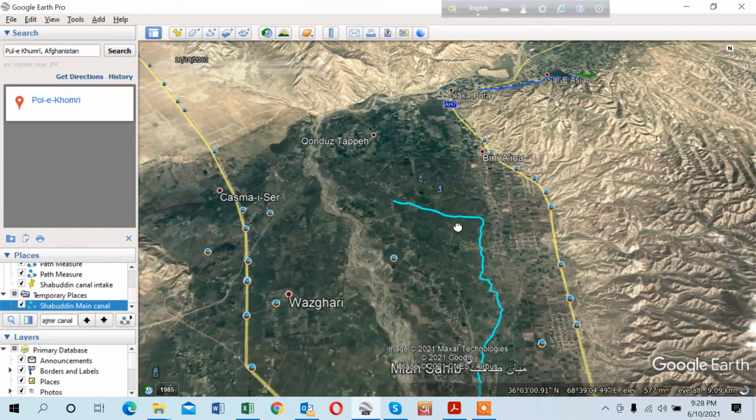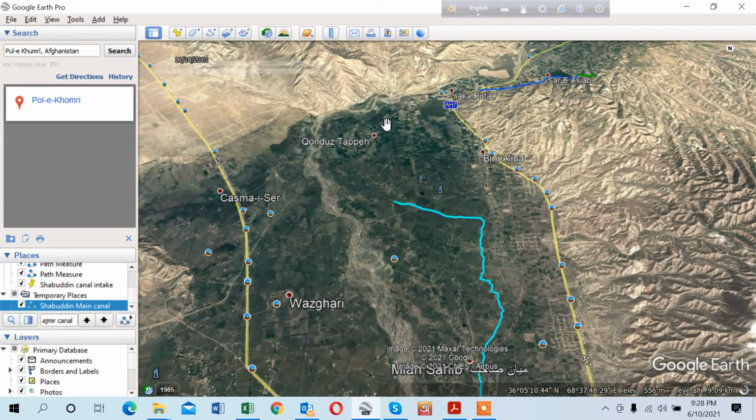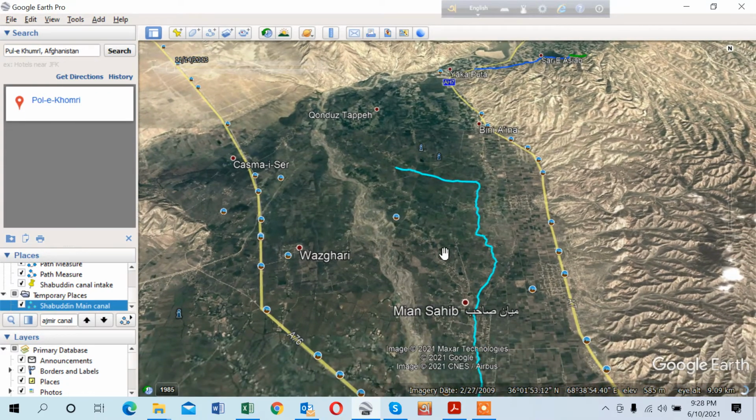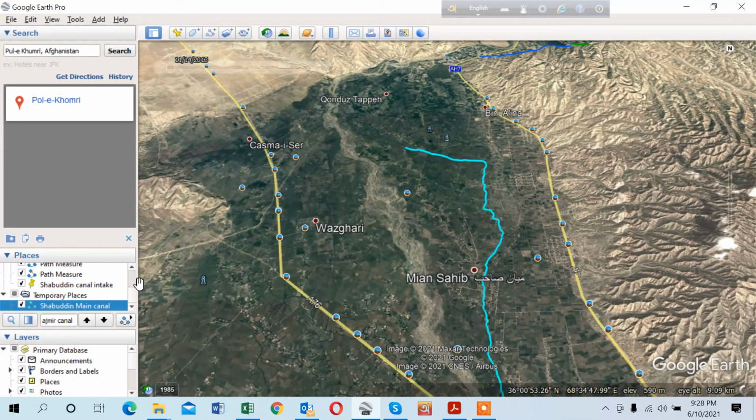To convey water from here to here is very difficult. Although there is a slope, there are houses and other things. So you need a number of branch channels.